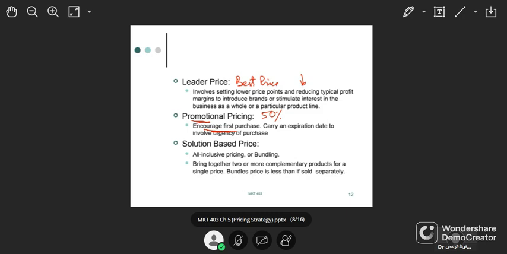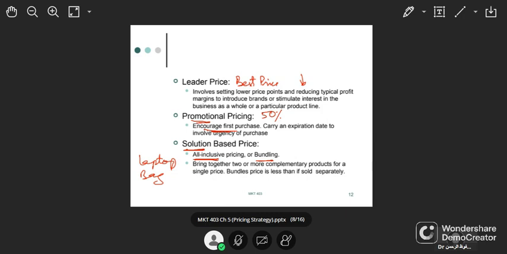You are trying to promote. Third is solution based pricing. They will provide a solution to something, also known as all inclusive, or bundling. Buy one get one free, buy a laptop, bag will come free, because if you are buying a laptop you might need a bag also.